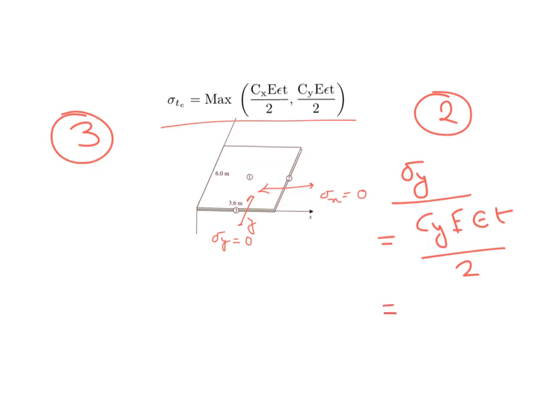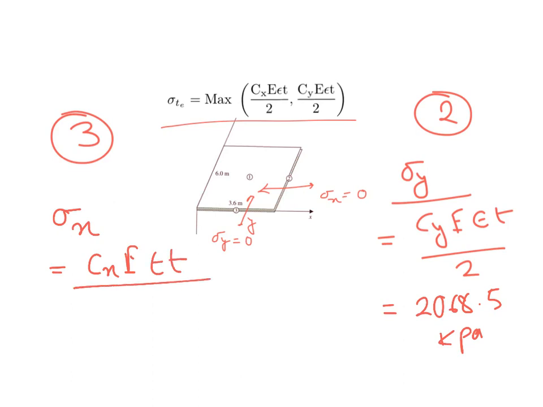You will get a stress of 2068.5 kPa. Similarly, in case of sigma x, input Cx e epsilon t by 2. Input the values, you will get a stress of 1488.8 kPa. So this is the solution of your problem number 1.